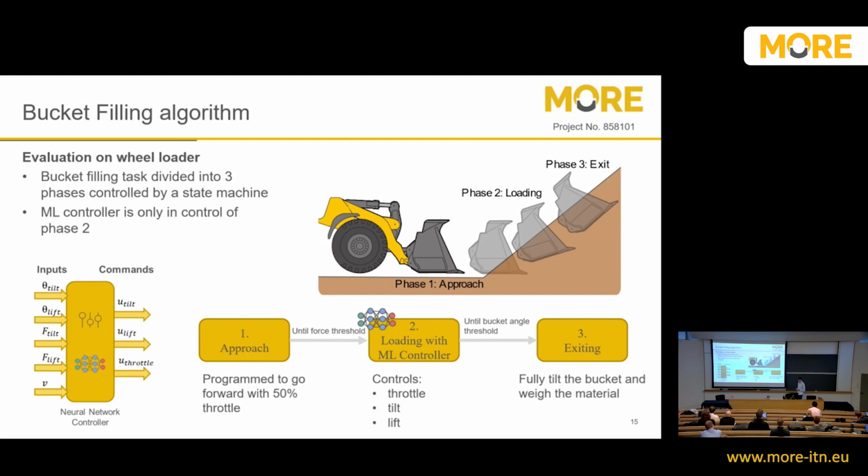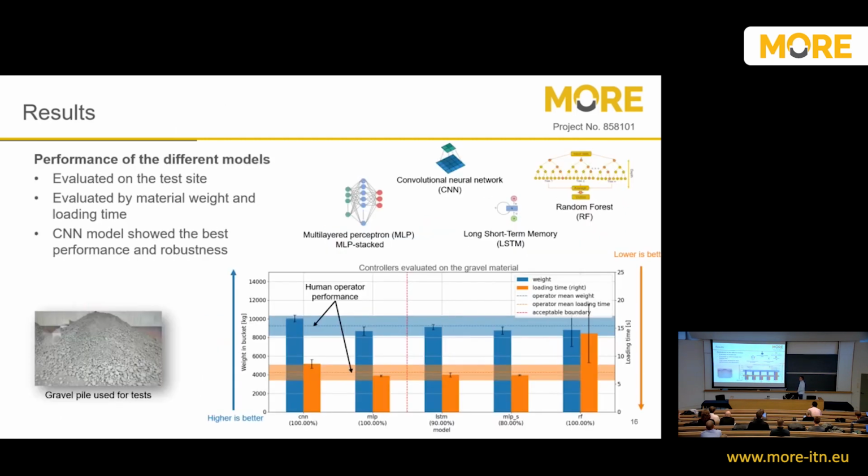And here are some of the results that I got. First, for the first question, how the different models would perform. Here we evaluated on this gravel pile, which was also used for data collection for this experiment. On this graph we can see the different models.